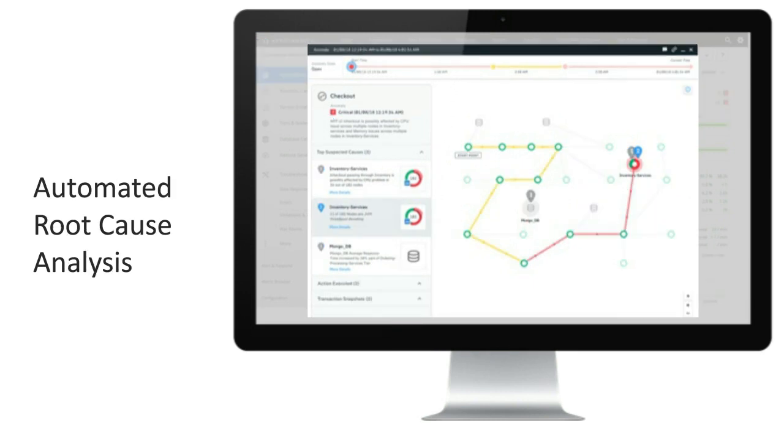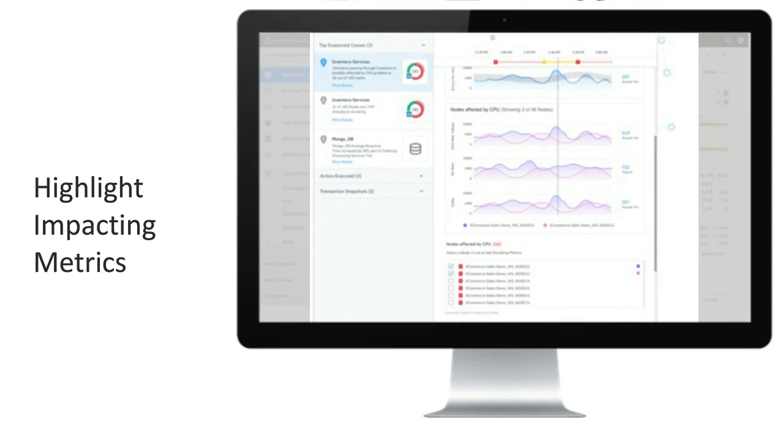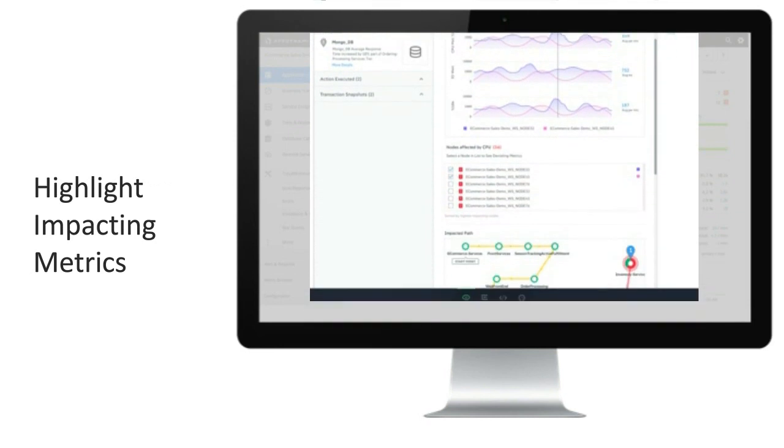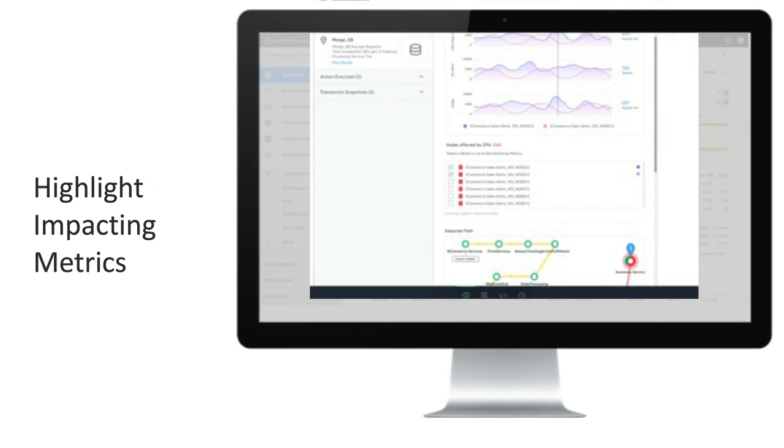Next, the user can hover any suspected cause and immediately visualize the impacted systems. We call this the topological data analysis. We use AI to identify relevant alerts that are impacting the business transaction. The user can then drill down and the product will show all the relevant metrics, their expected behavior, and the health of the impacted business transaction path.